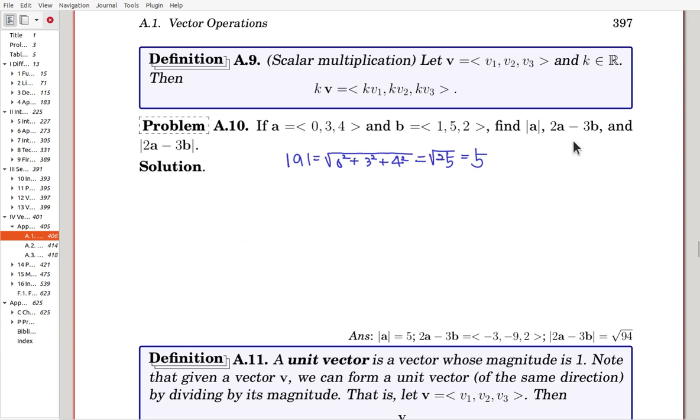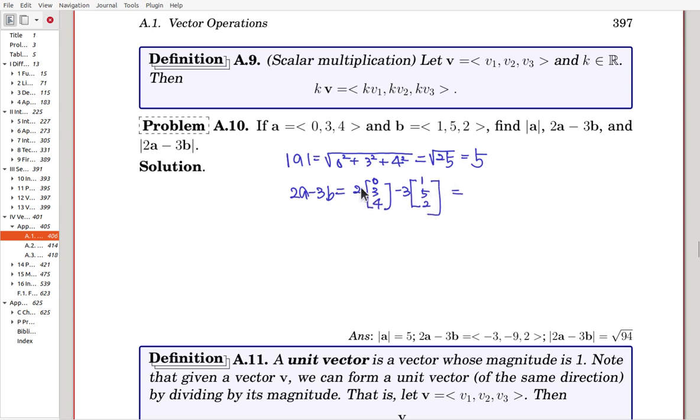Now 2a minus 3b. We try to write that one as vertical vectors. 2 times (0, 3, 4) minus 3 times, again vertically, (1, 5, 2).